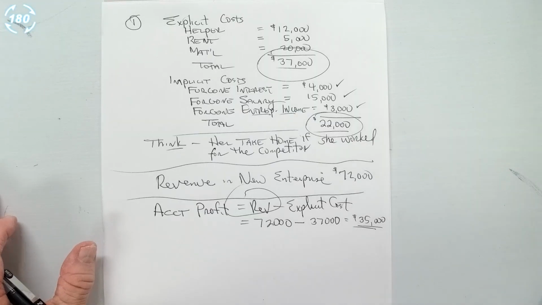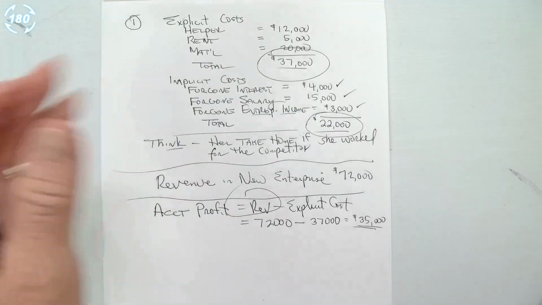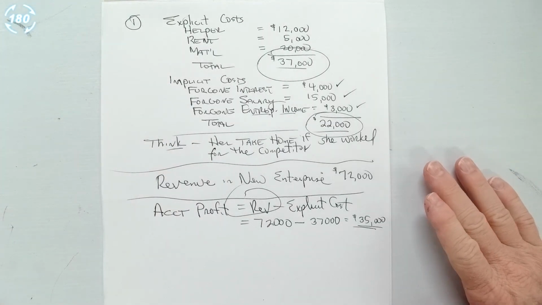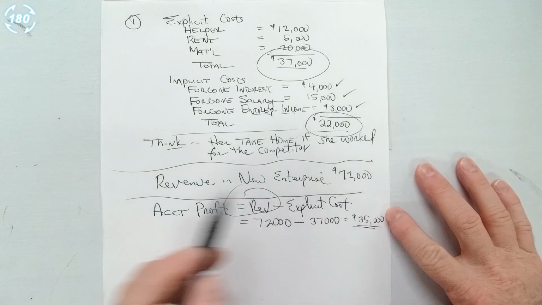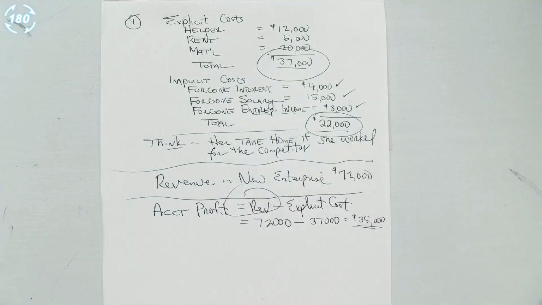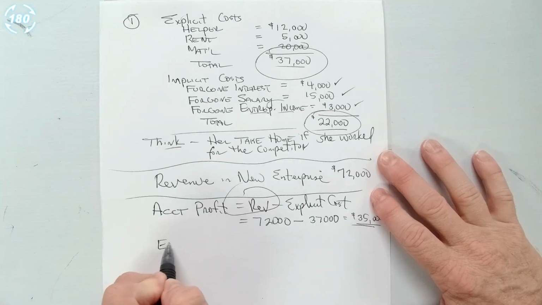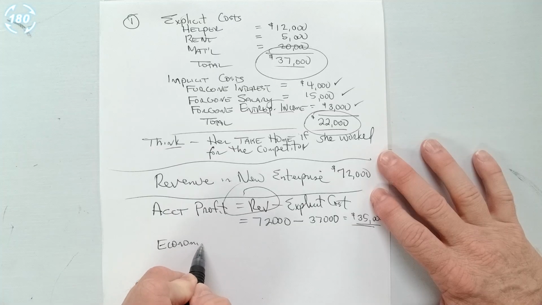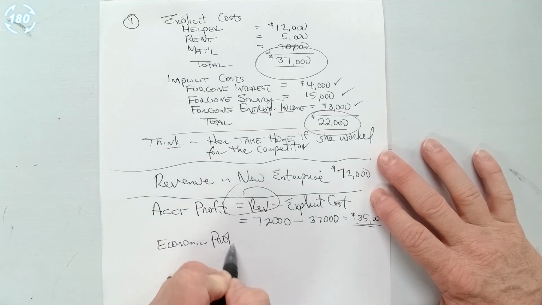But here's the deal. She gave up a lot of other things to go in this enterprise. So the economist says, wait a minute, just because that looks like a nice number, it doesn't tell us whether she's better off in her own business than she would be working for the competitor. And that's what we really care about as economists. So economists calculate economic profit.